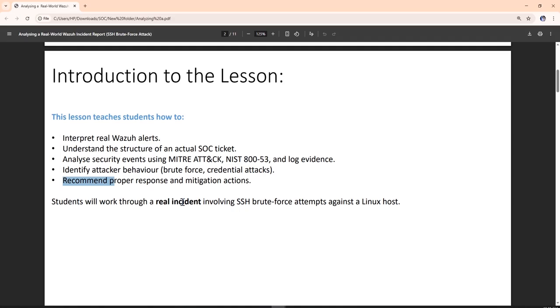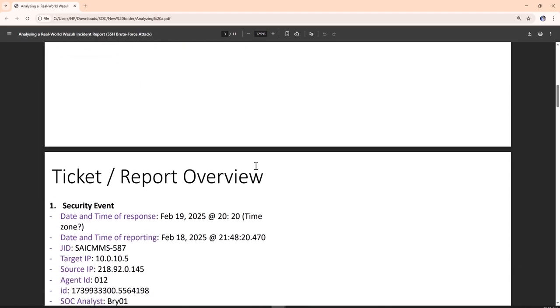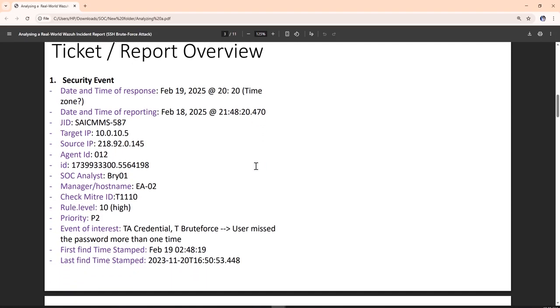Students will walk through a real incident involving an SSH brute force attempt against a Linux host, which is what we are analyzing here. So let's look at the ticket report overview.